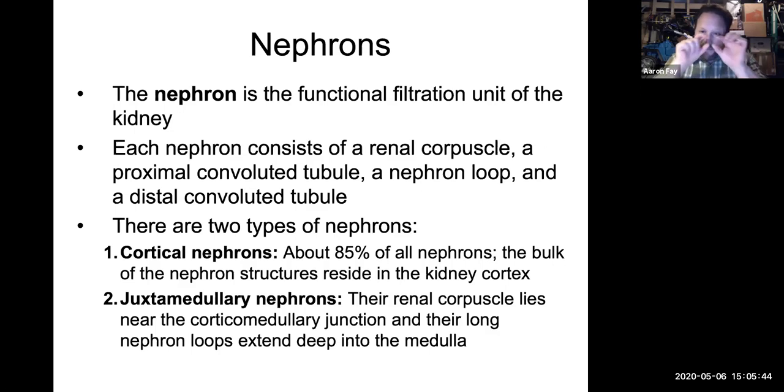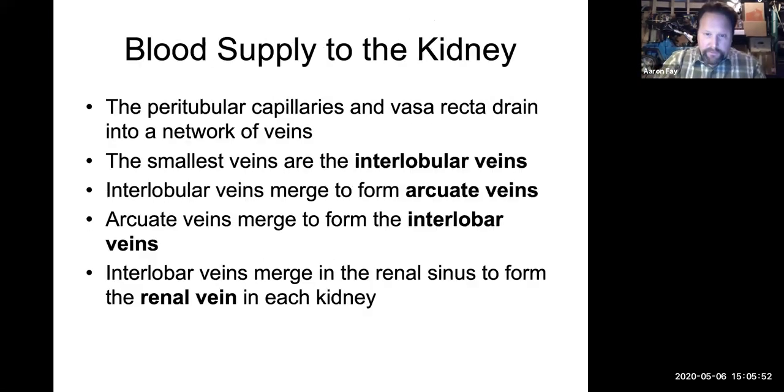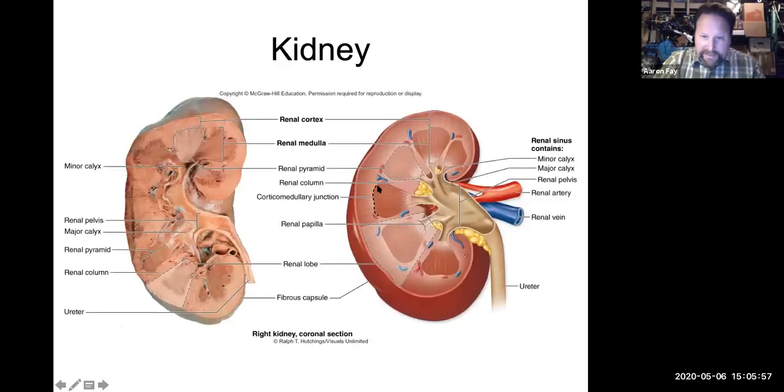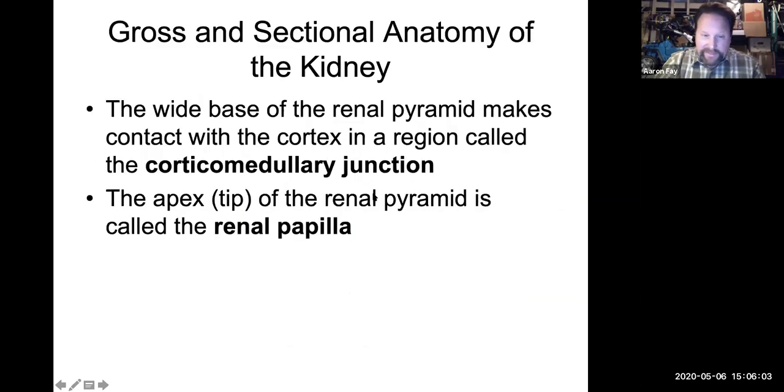And these nephrons lie right on that corticomedullary junction, so right in between the cortex and the medulla. So if you don't remember where that is, that is your corticomedullary junction. So you're going to get some very large nephrons right on that boundary layer.